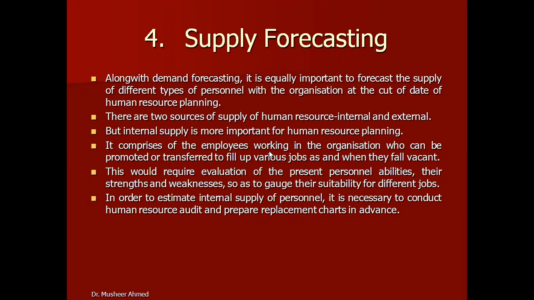But internal supply is more important. Why is it more important? Because it comprises the employees working in the organization who can be promoted and transferred as and when needed to fill up the jobs when they are falling vacant. Moreover, they are your existing employees.